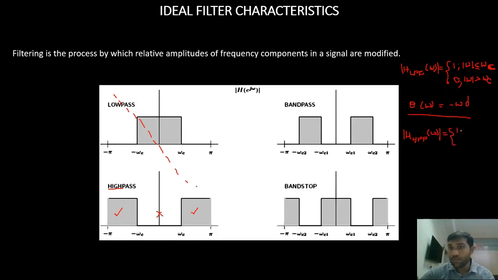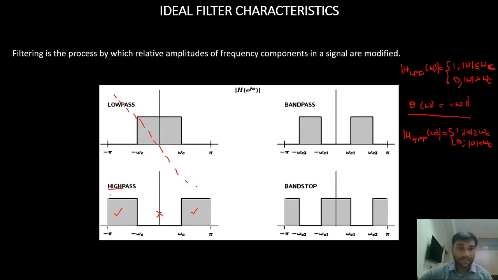It is 1 for mod omega greater than or equal to omega c, 0 for mod omega less than omega c. Right? This is the high pass filter magnitude characteristics.